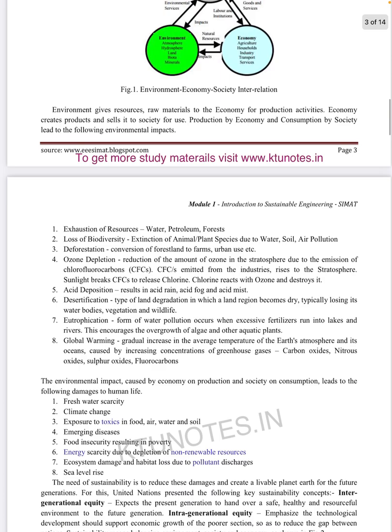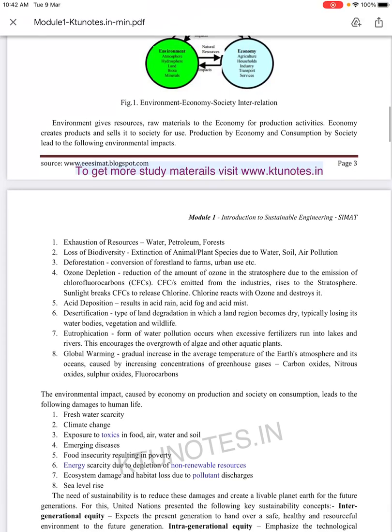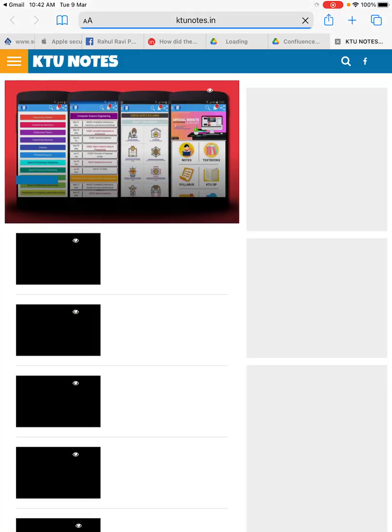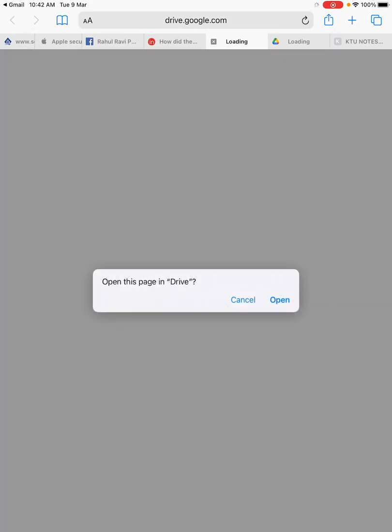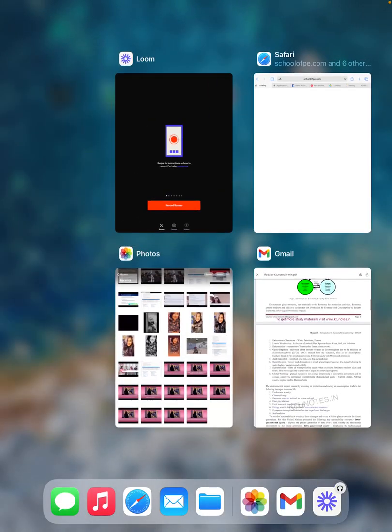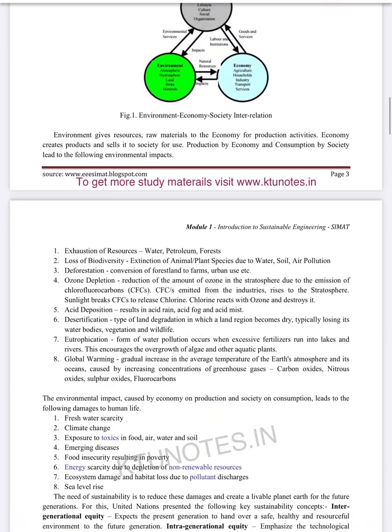The environment gives resources, raw materials, to the economy for production activities. The economy creates products and sells them to society. So it mainly leads to what?